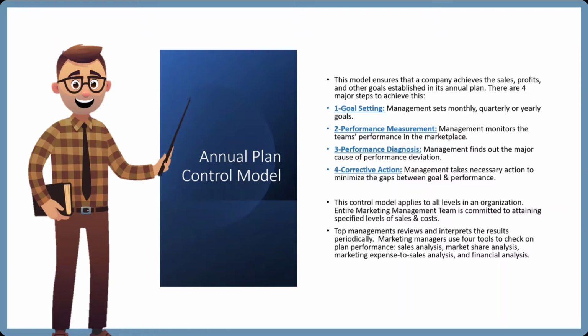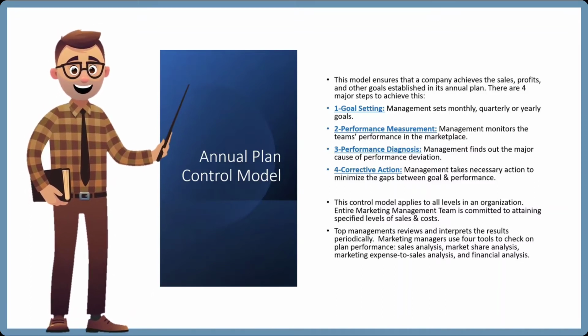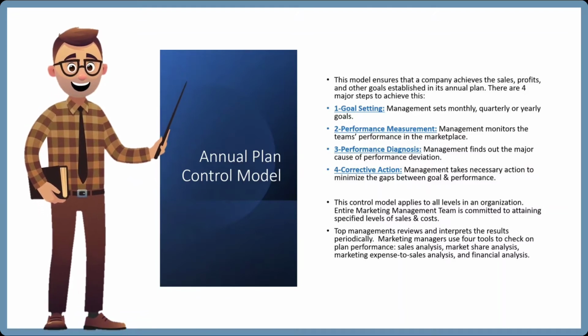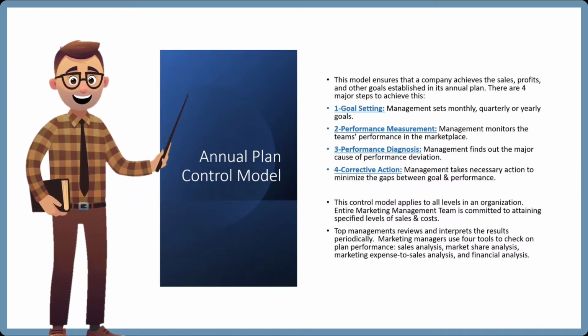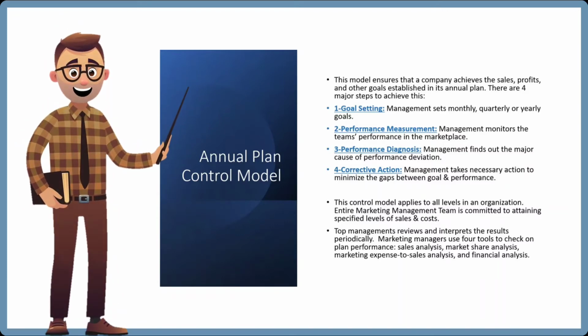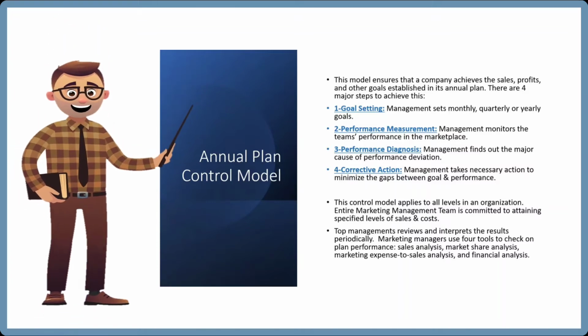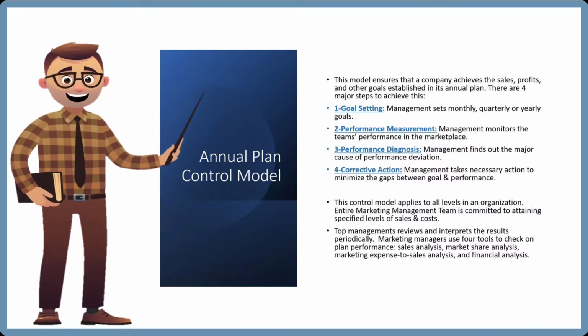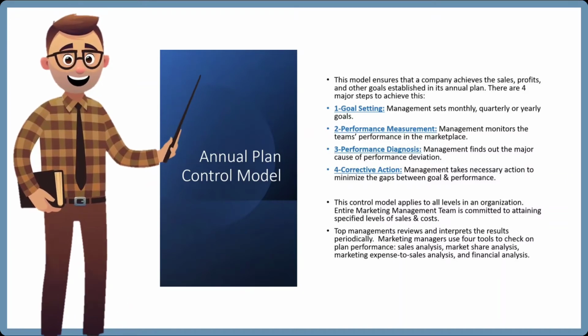This control model applies to all levels in an organization. The entire marketing management team is committed to attaining specified levels of sales and costs. Top management reviews and interprets the results periodically.